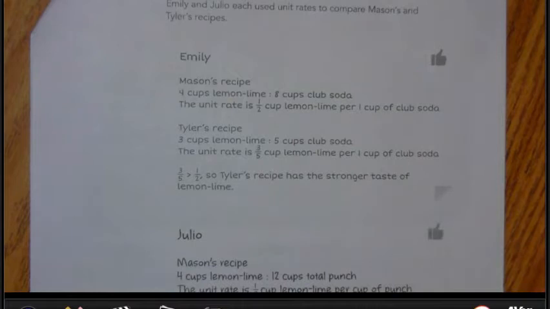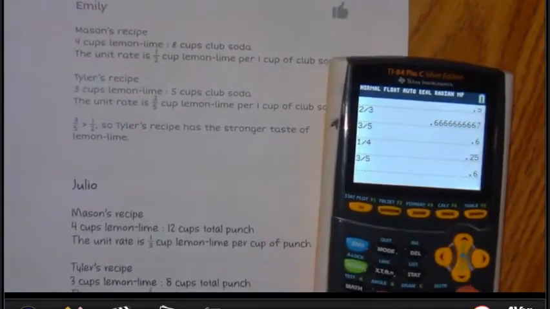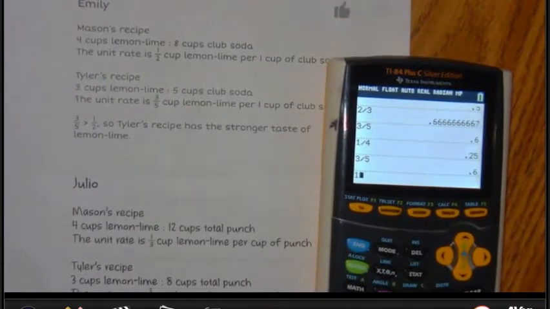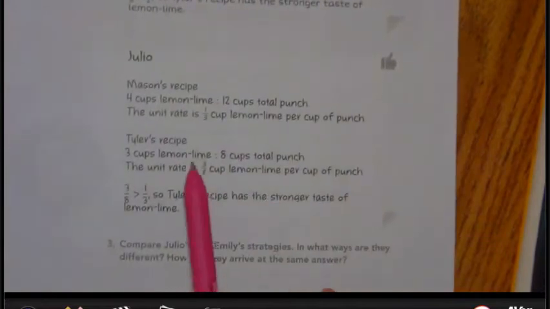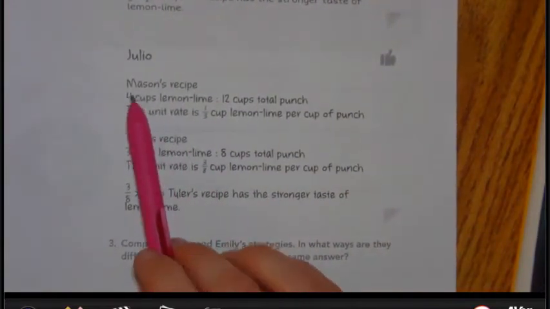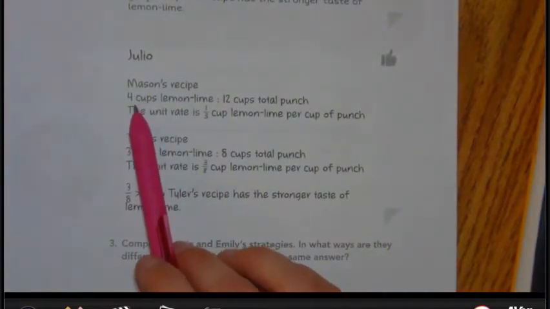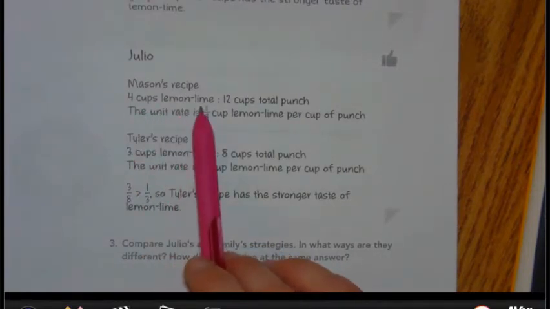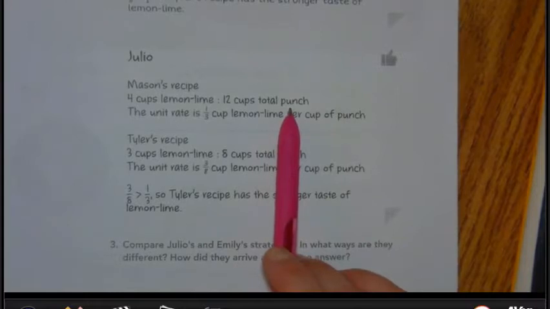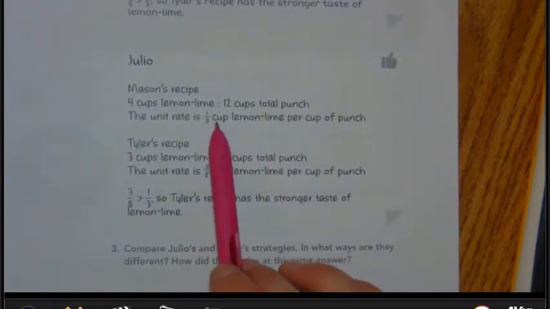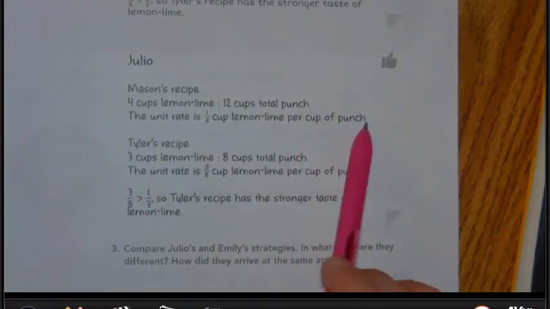Okay, well, it looks like Emily's recipe checks out. And we can double check her math by doing 3/5. Well, I get 0.6 and 1/2, I get 0.5, so her math here checks out. Now let's check Julio. Julio says Mason's recipe, well, if I have 4 cups of lemon lime to 12 total cups of punch, all right, the unit rate is 1/3 cup of lemon lime per cup of punch.